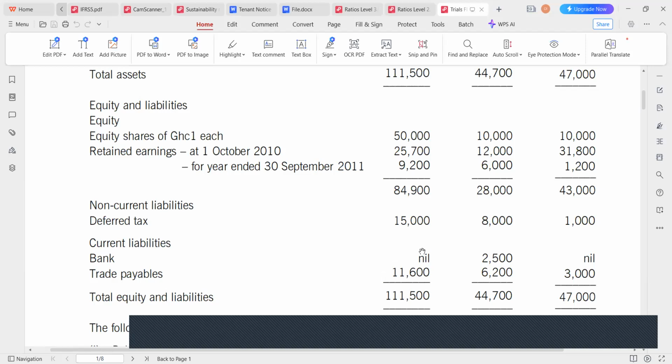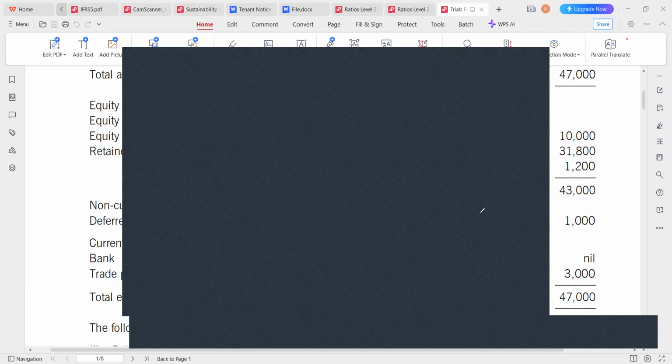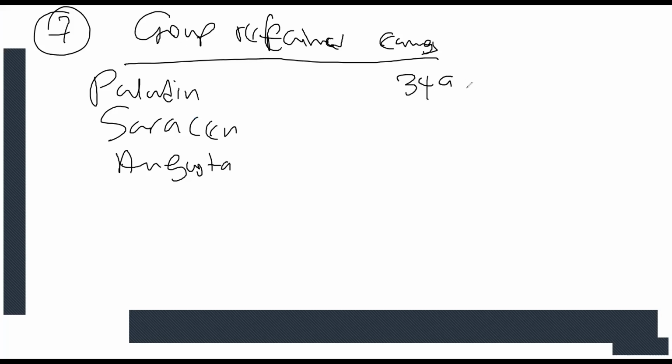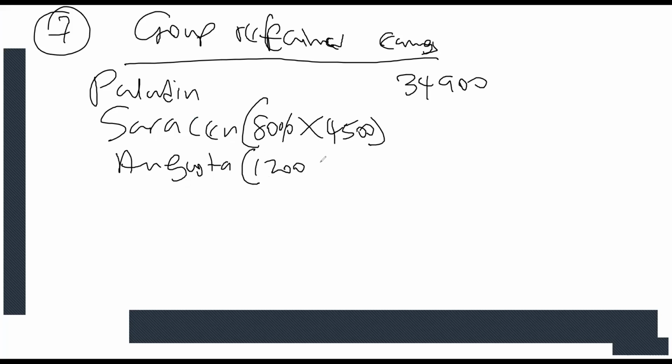That should give us 34,900, right? Yeah. Saracen, you take 80% of the post-acquisition changes in net assets, which is 4,500. What do you get? Augusta, you take 1,200 times 8/12 times 25%.